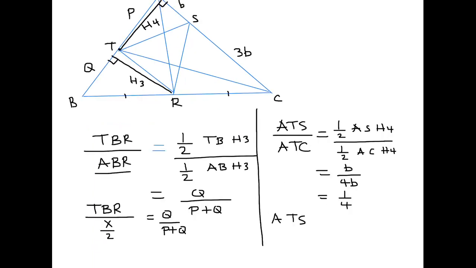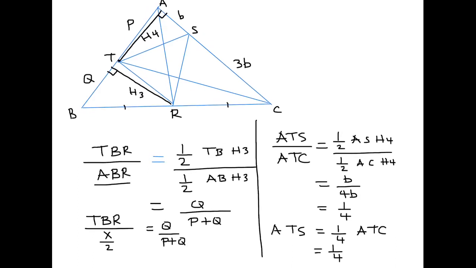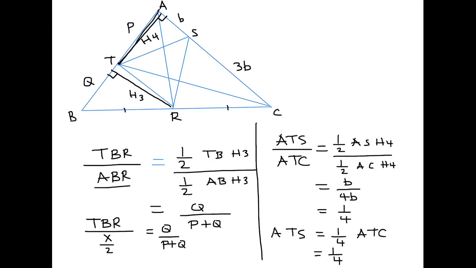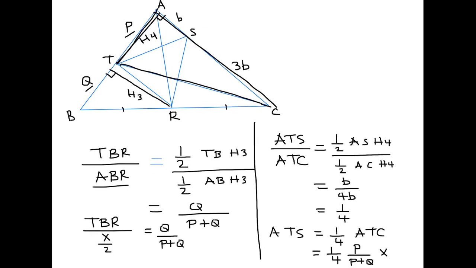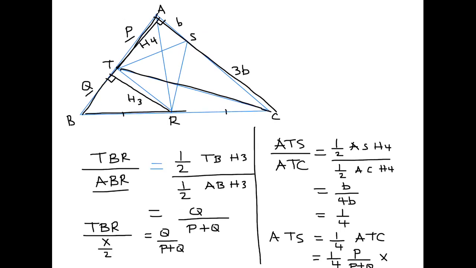So therefore ATS is equal to 1/4 of ATC, and ATC, which is basically from here to here to here, is basically a proportion of the full triangle. If you use P and Q, it's basically P over P plus Q times X, where X represents the full triangle ABC.